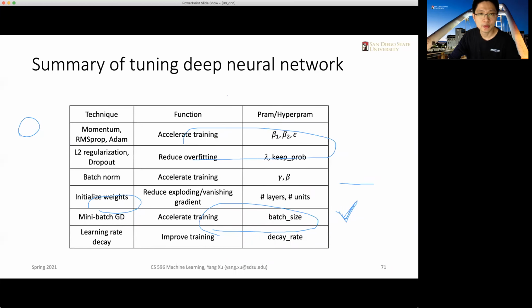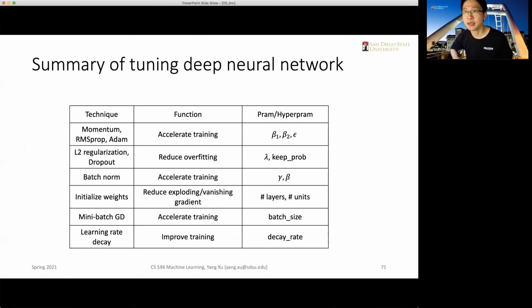All right, so in the last few slides I have listed the techniques included in this chapter.